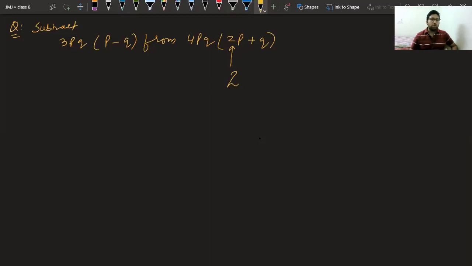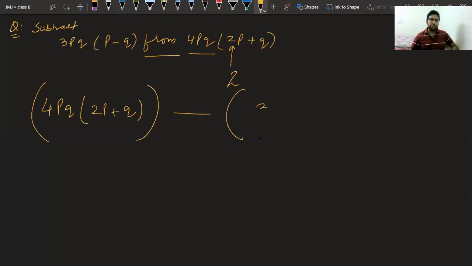Okay, so first of all, it is from this thing, so this will come first. The main question is 4pq(2p plus q) minus 3pq(p minus q).